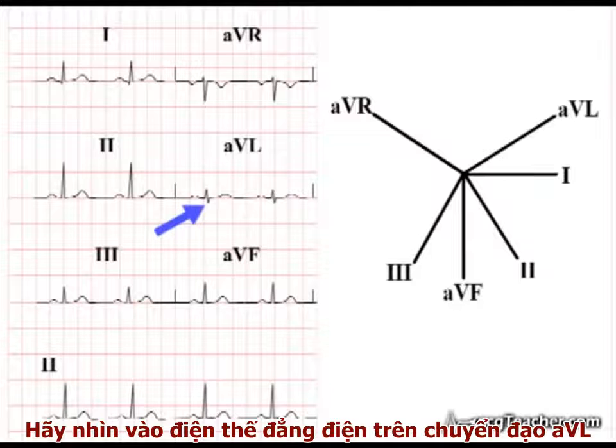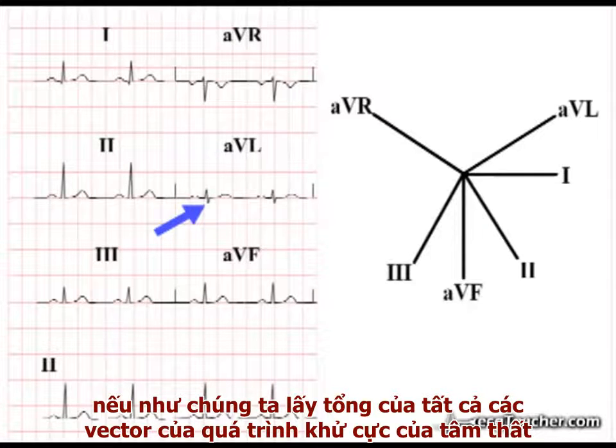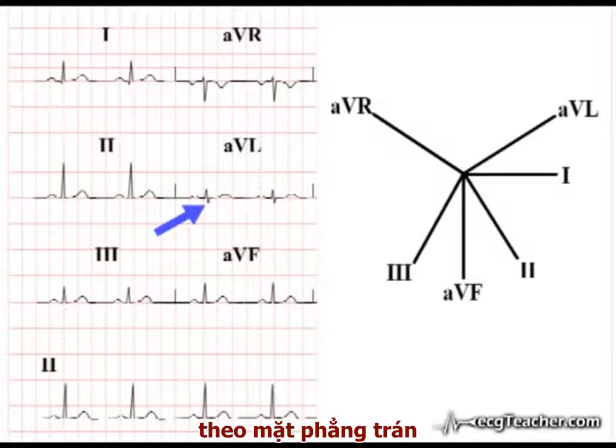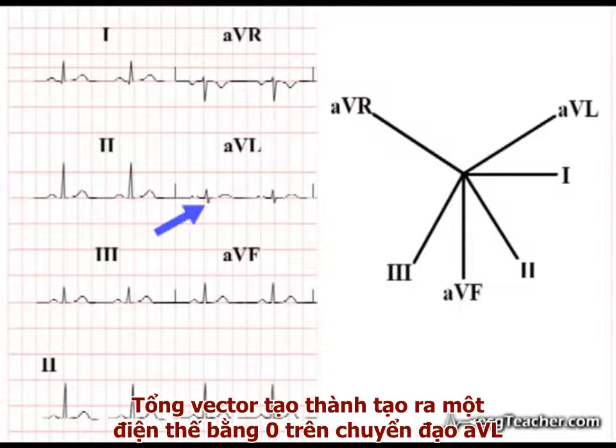Observing an isoelectric QRS complex in lead AVL, we can conclude that in this patient's heart, if we add together all of the ventricular depolarization vectors occurring in the frontal plane throughout the duration of the QRS complex, the total vector generated has no net magnitude in the direction of lead AVL.